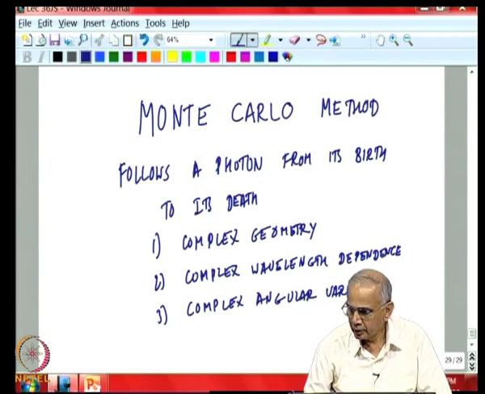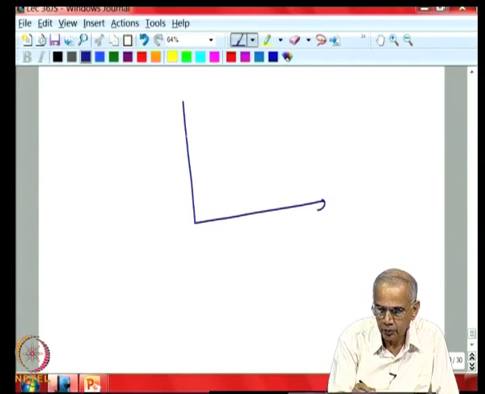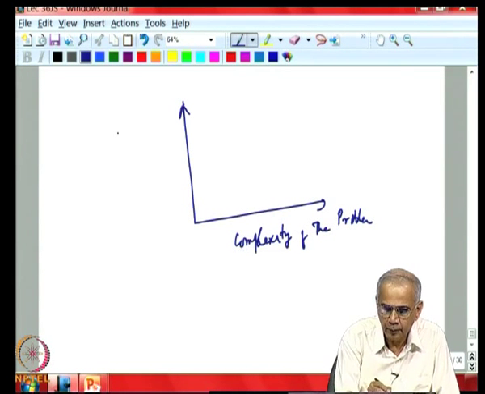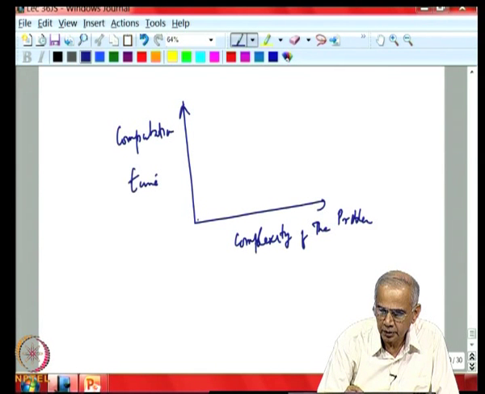As a matter of fact, in general, you think of the complexity of the problem on the x axis and the computational time on the y axis. Most problems, as it gets more and more complex, the time goes on increasing.